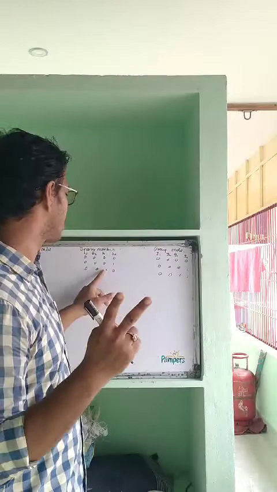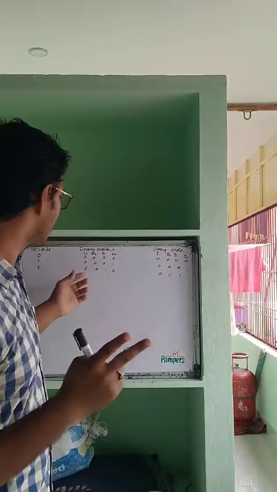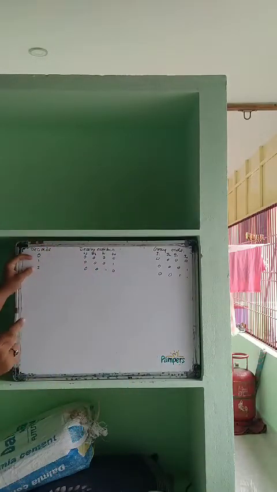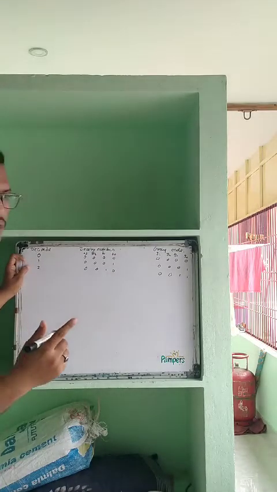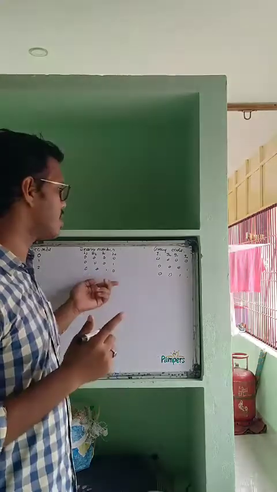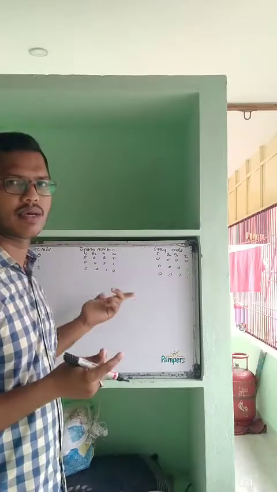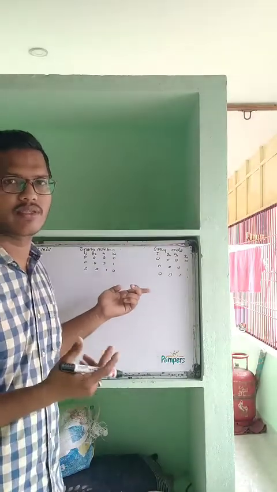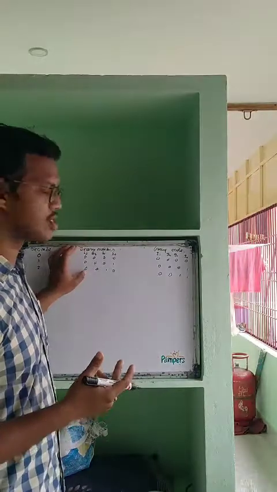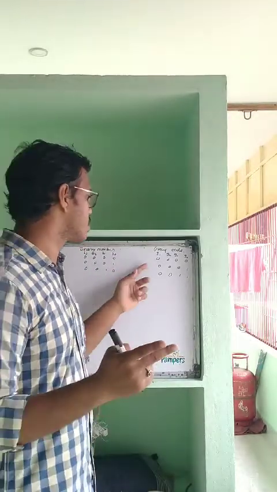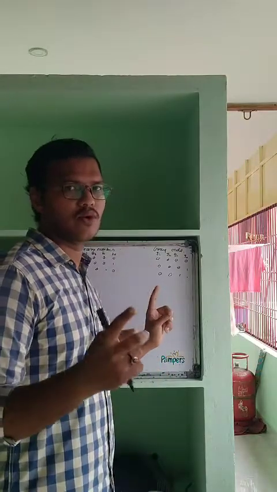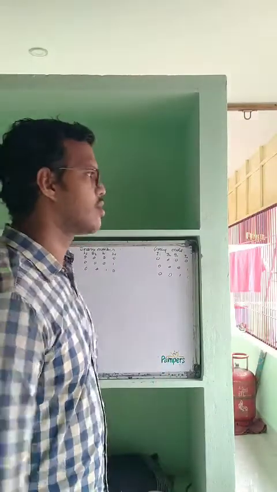Then 0 0 0 0, two bits are changed. If we see two successive values, 1 and 2, how many bits are differing? In the binary number system, two bits are differing. So if we see in the gray code, only one bit is differing. Okay.